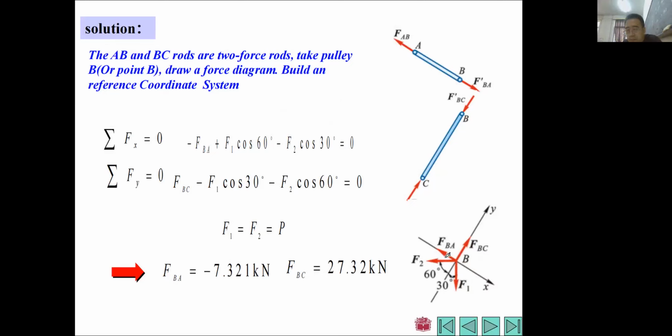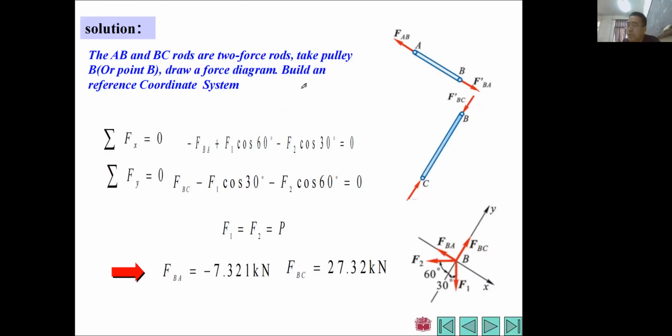You will find there are 1, 2, 3, 4 forces, right? Our task is to find the magnitudes of FBC and FBA. From the analytical method, because this force system is in equilibrium, we have a concurrent force system.